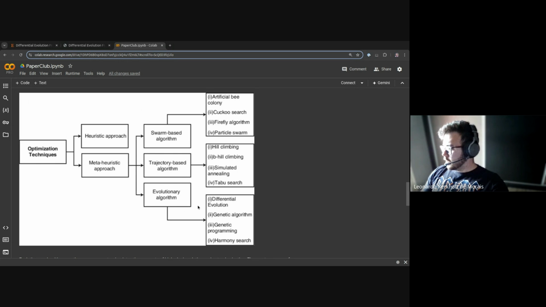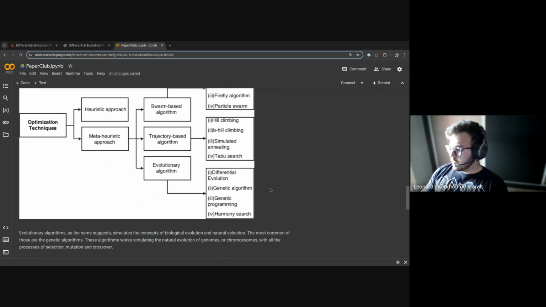And then we have the evolutionary algorithms. I know some of you have some knowledge of those. I know that Arian and Pedro published a paper some years ago about evolutionary methods. And basically, an evolutionary algorithm, as the name suggests, simulates some concepts of biological evolution and natural selection.